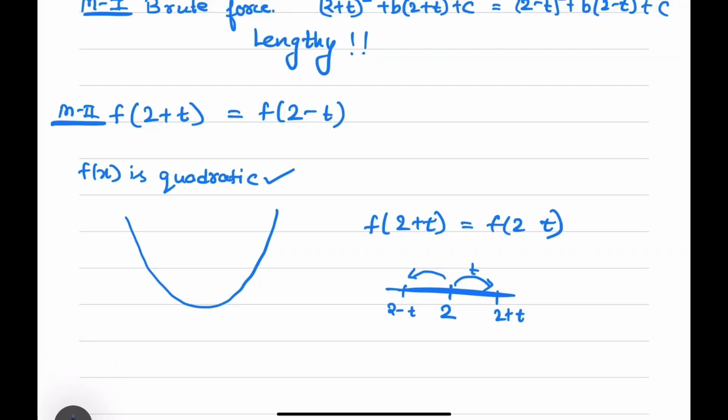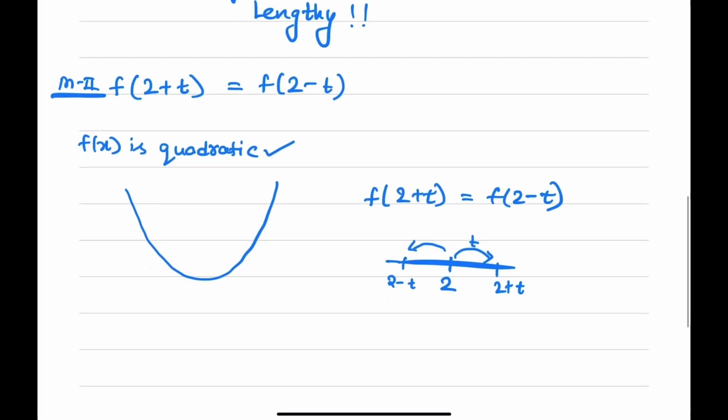This is just the virtue of the number line. Okay, and they give the same value when we put this into a quadratic. So we go an equal distance from 2 to the left and to the right, and we get the same value. How can we place this into the quadratic here?